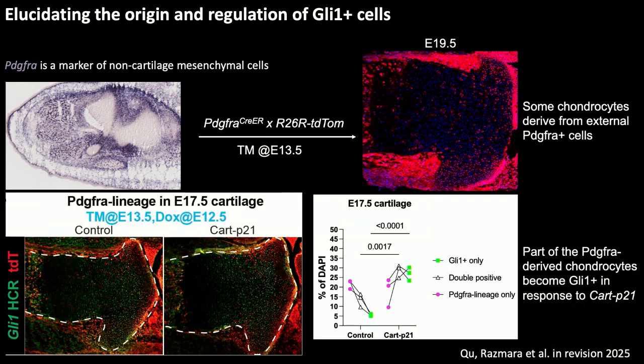And long story short, even though there is not a big change in the Pdgfra receptor-only cells, the cells that are Pdgfra receptor lineage and positive for Gli1 expression, here with HCR, are the ones that change a lot in terms of fold change when you overexpress P21, along with the cells that are only Gli1 expressing. So at least part of the Gli1 chondrocytes are derived from the Pdgfra receptor alpha cells.